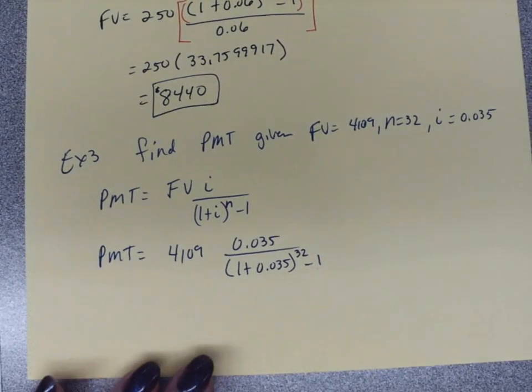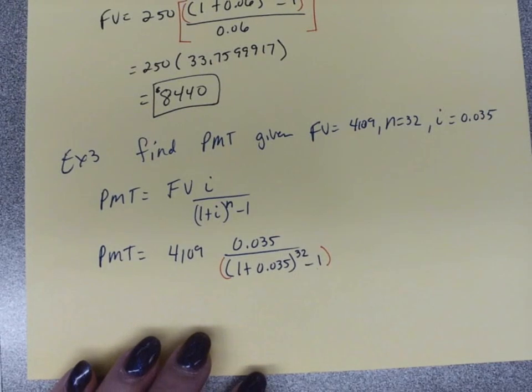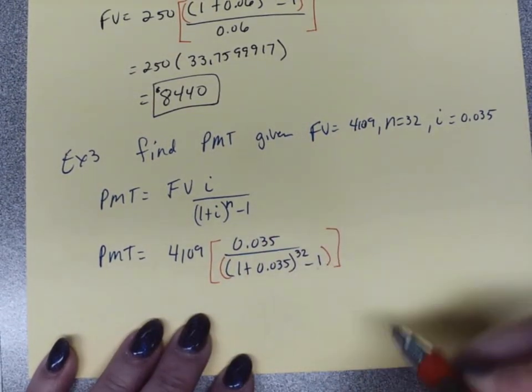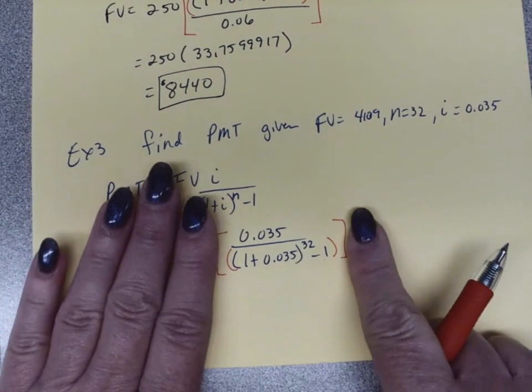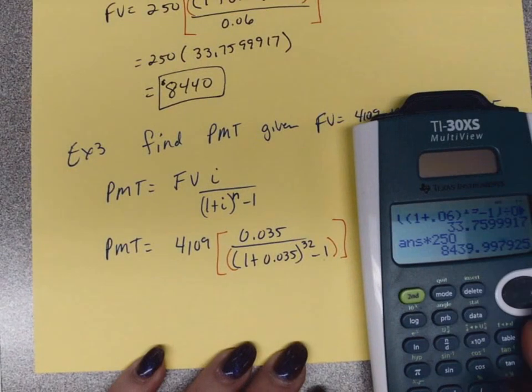All right, so let's talk about this one the same way. We're going to have parentheses for the entire bottom, and then again, we're going to have parentheses that do the whole deal. And we're going to do this first. So let's go get our calculator again.